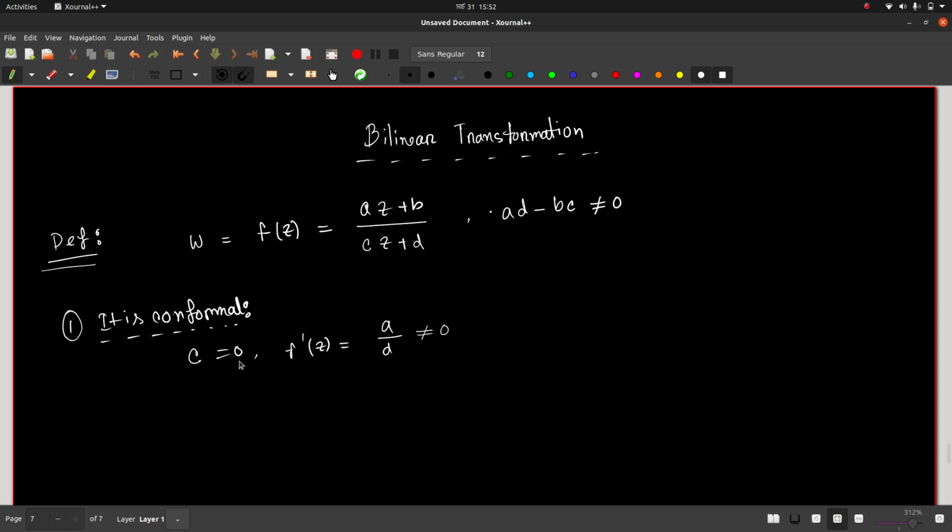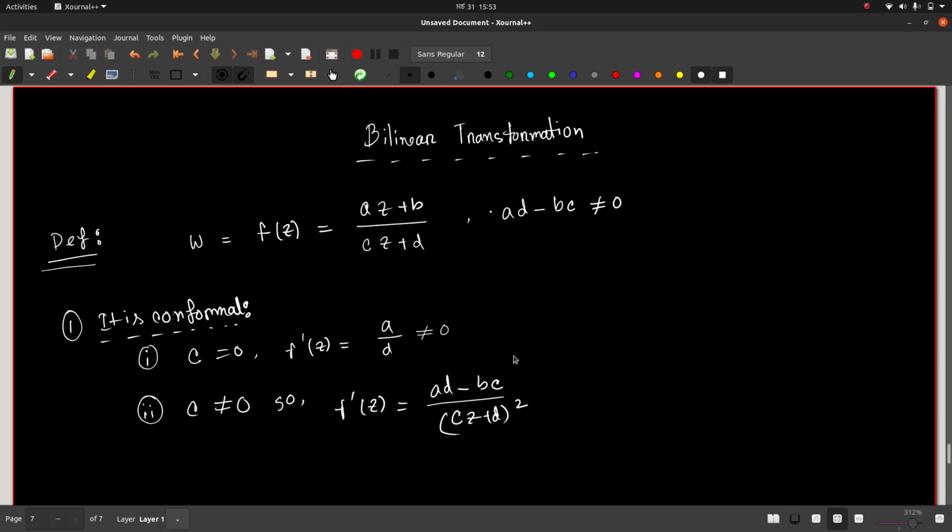So this is, let's say, case 1, and this is case number 2, where we say, okay, let's take c not equal to 0. So f'(z) would now be (ad minus bc) over (cz + d) squared. And we see that ad minus bc is not 0 from the definition, so this is good.